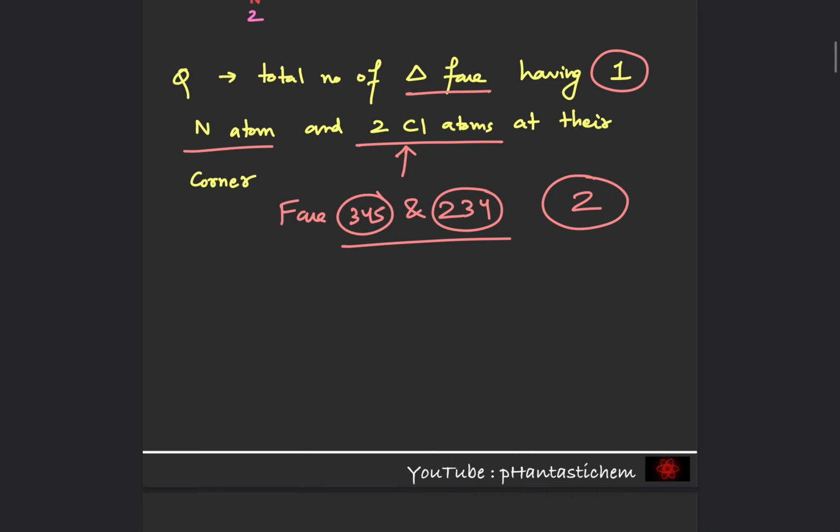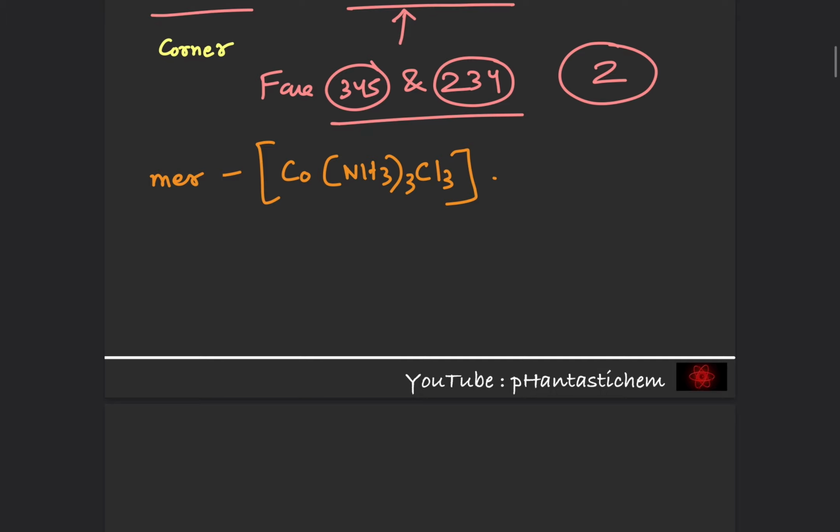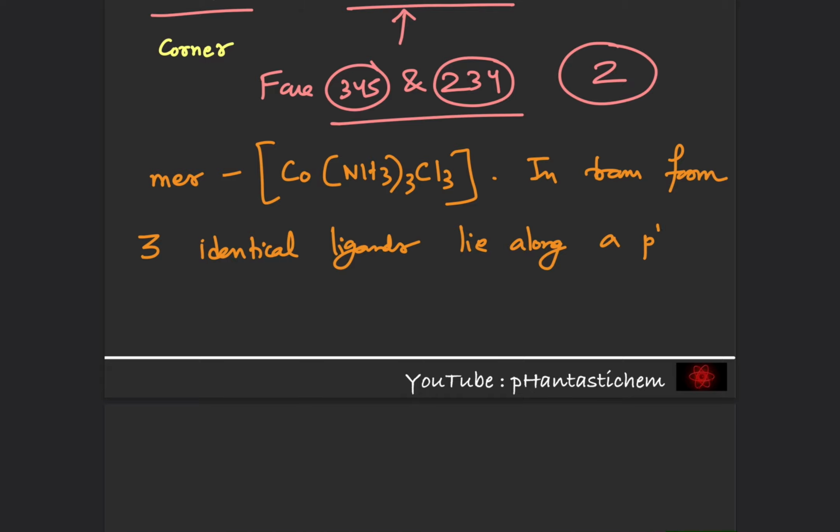Then let's talk about mer-[Co(NH3)3Cl3]. In the meridional form, three identical ligands lie along a plane which is known as the meridian.